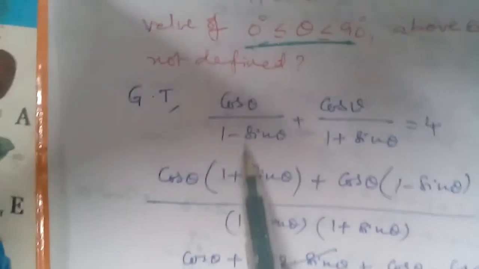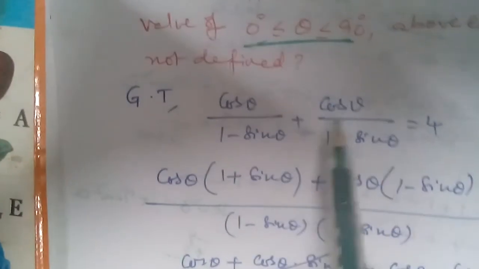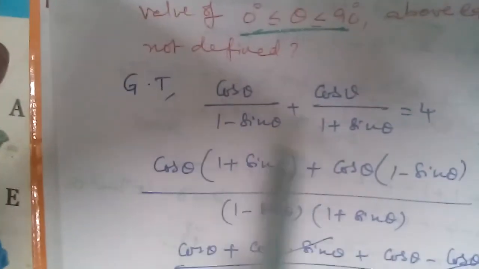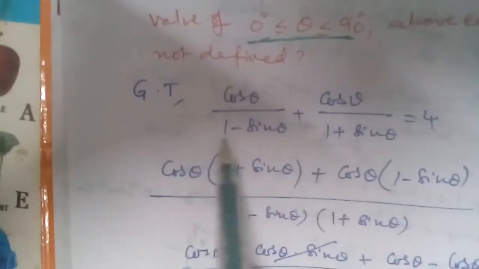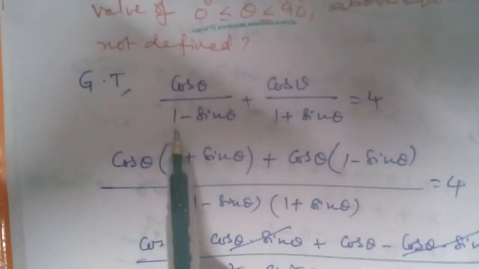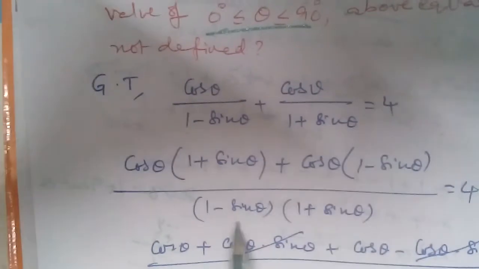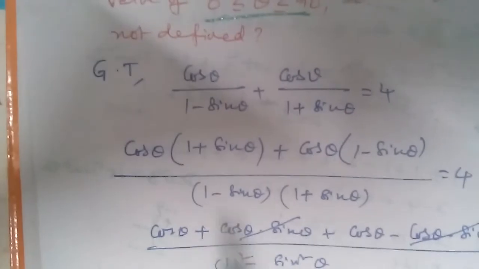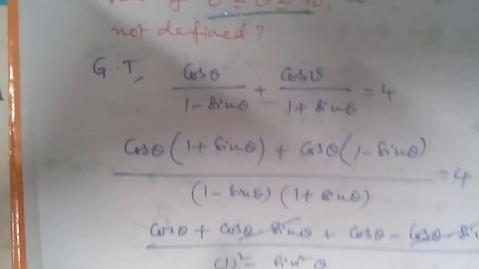So given cos theta by (1 minus sin theta) plus cos theta by (1 plus sin theta). We are cross multiplying: cos theta into (1 plus sin theta), cos theta into (1 minus sin theta), and the denominators are in the form of (a minus b)(a plus b). So we can write 1 square minus sin square theta.